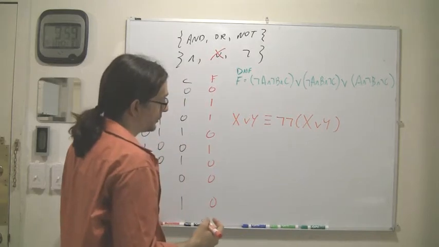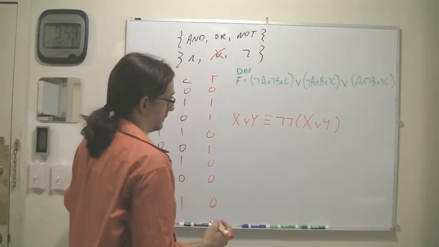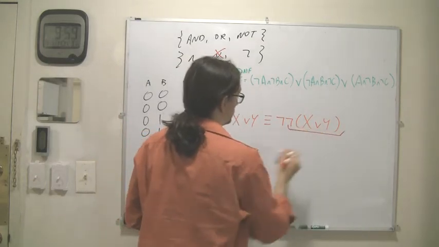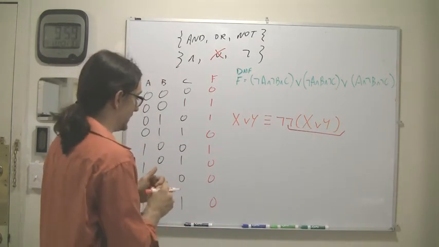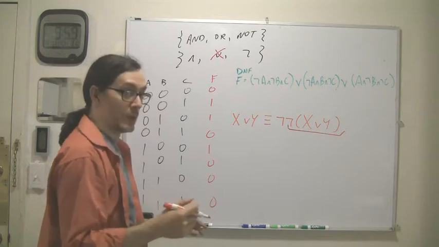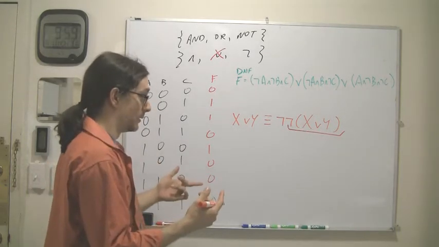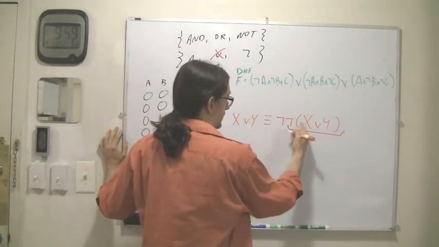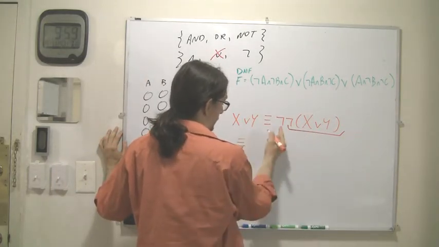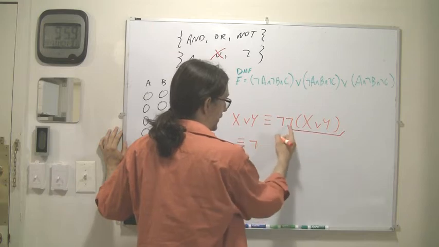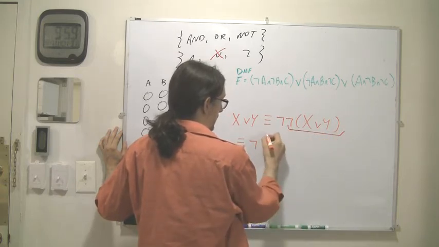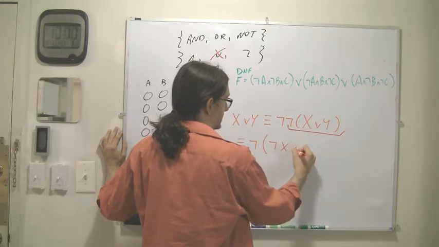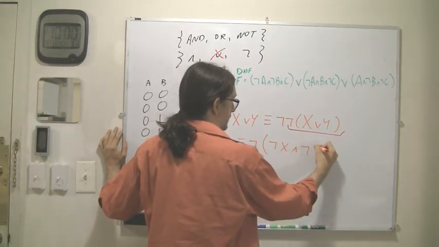you can use De Morgan's law to realize that this part here is a negation of an or. What happens when you negate an or? It becomes an and, right? And that's exactly what we are going for. So when negated, the first negation just stays there, and this will become not x and not y, right?